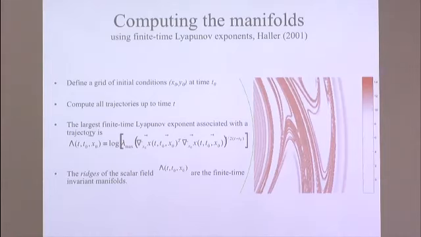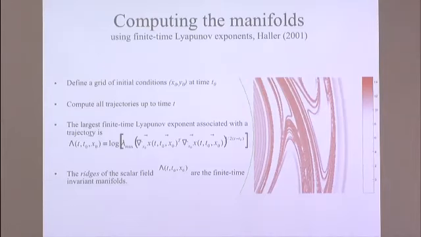And one of the things that one can do is compute the stable and unstable manifolds of these hyperbolic points. And one of the methods I use is the finite time Lyapunov exponents developed by Haller in 2001. In this method, I first define a grid of initial conditions in some region of the flow.